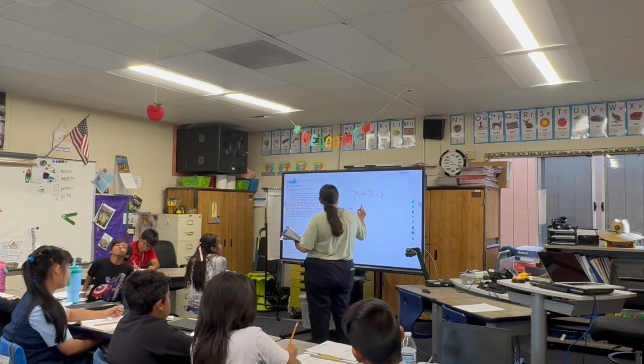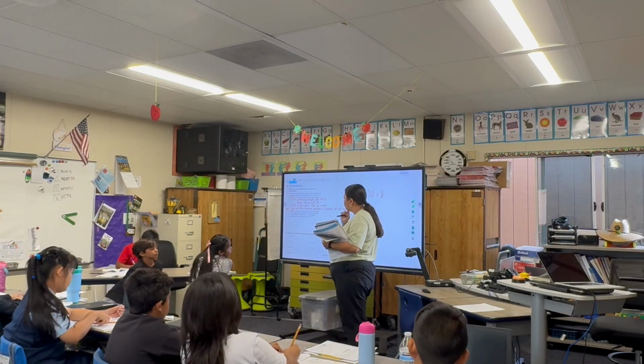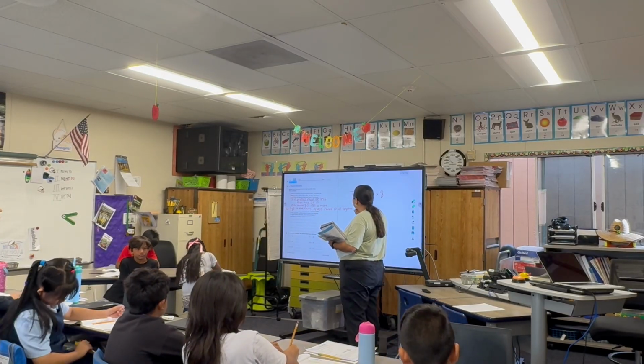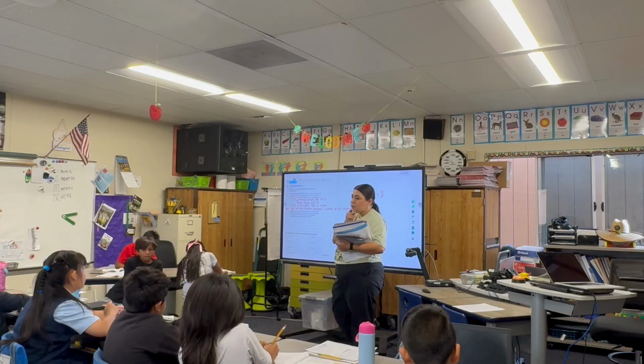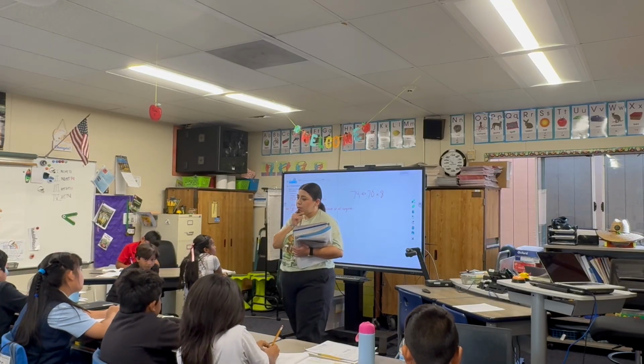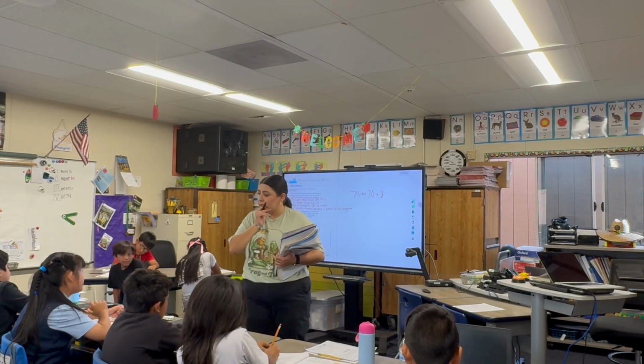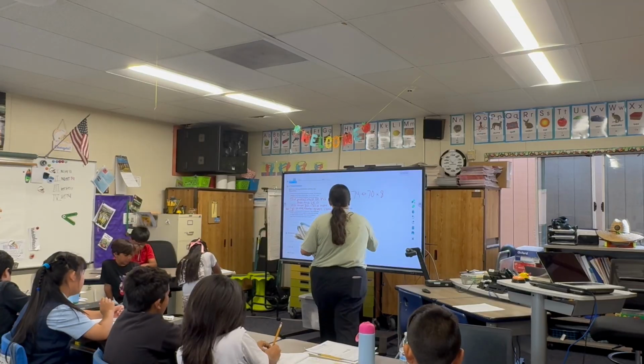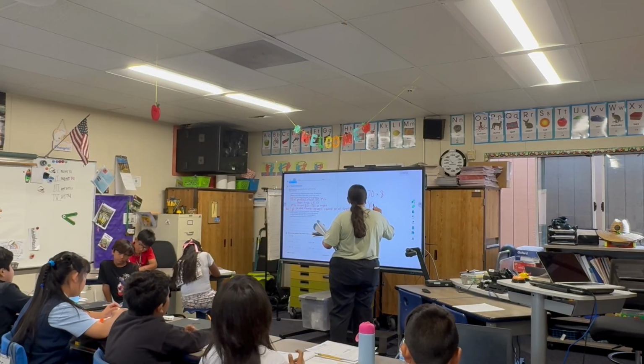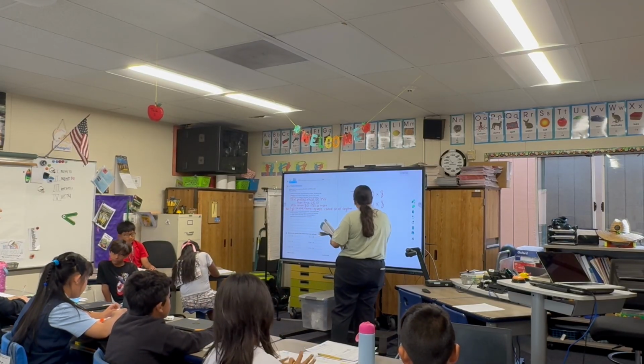If we were to round up, what would we round this up to, boys and girls? What would be our high estimate for this? 80. Okay. So now we have our two estimates to help us see how much we will need.